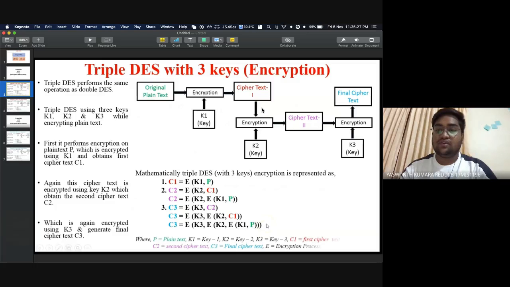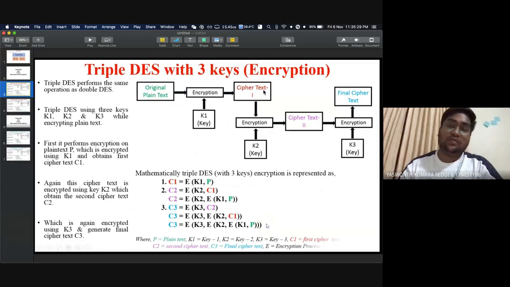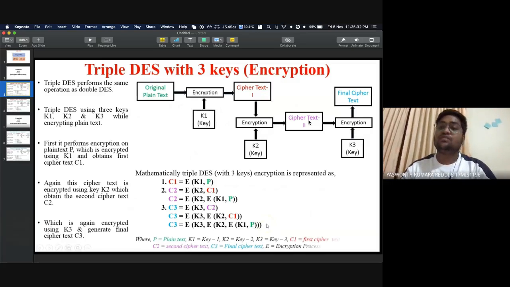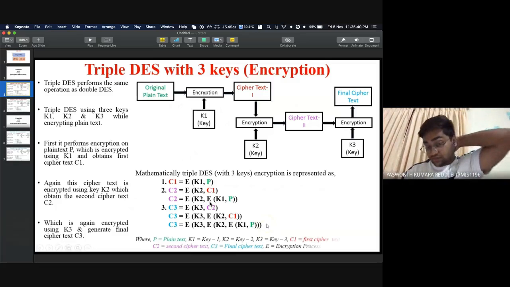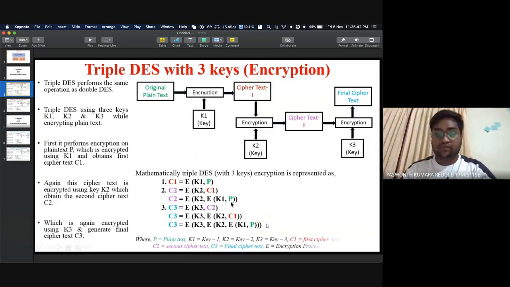This is the first ciphertext encryption and second ciphertext encryption. You can also write C2 equals E of K2, E of K1, P, which is again encrypted using K3 and generates the final ciphertext C3.